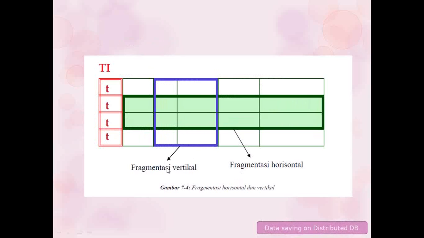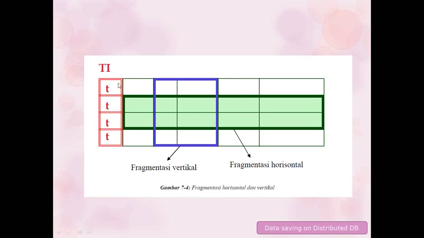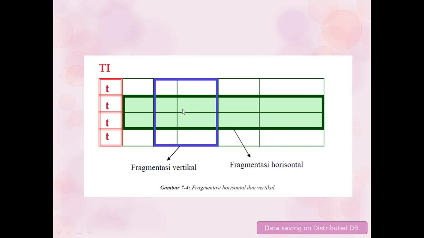Here is the vertical fragmentation. So we have T1 here, which is quite easy, when we have many columns to become one fragment. And this is an example of horizontal fragmentation, where we take maybe just a row or many rows.